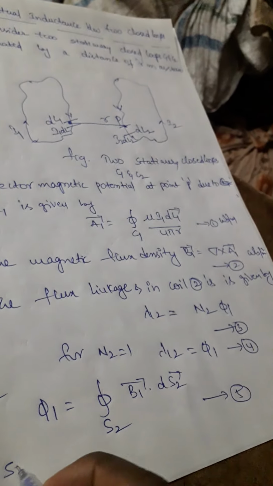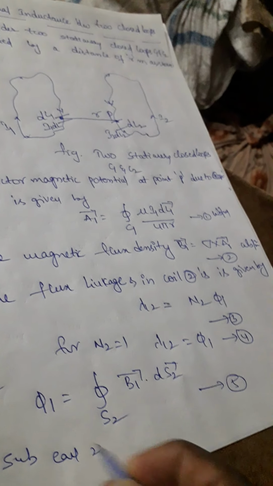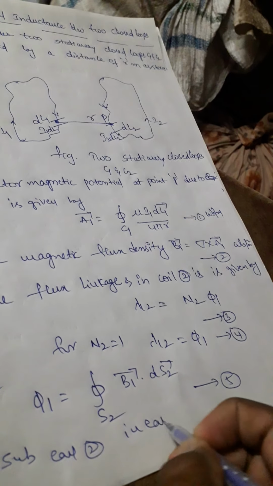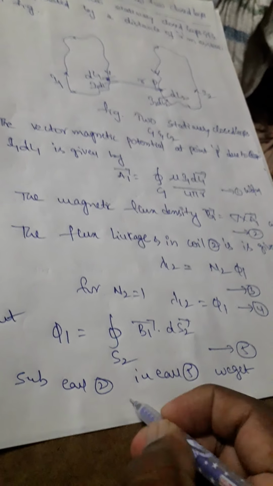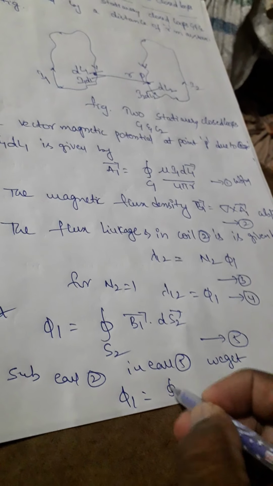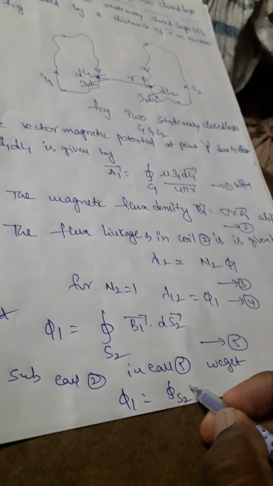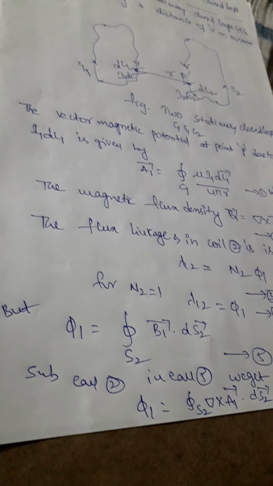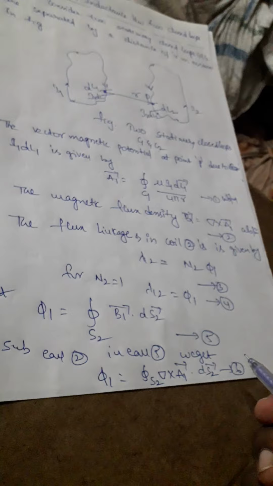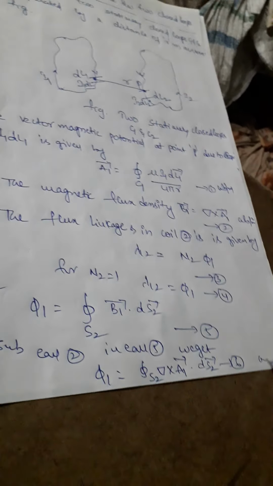So substituting equation 2 in equation 5, we get phi1 is equal to the surface integral over S2 of curl of A1 bar dot ds2 bar, which is equation number 6, in Webers.